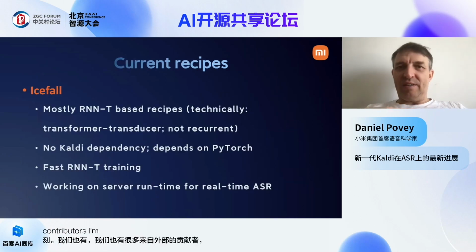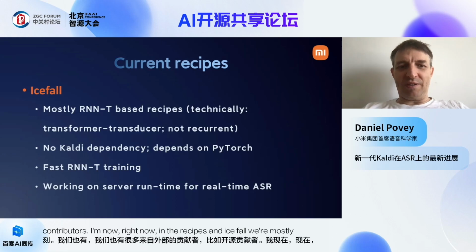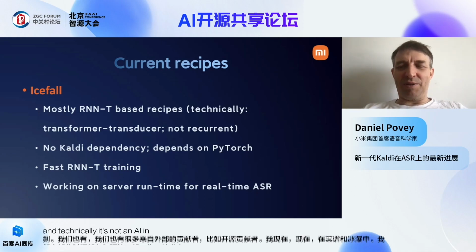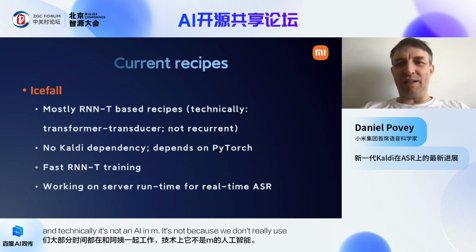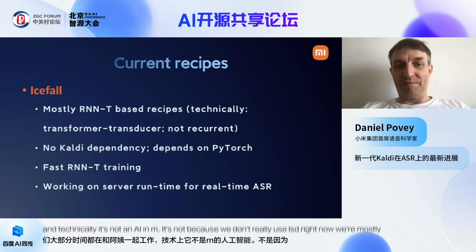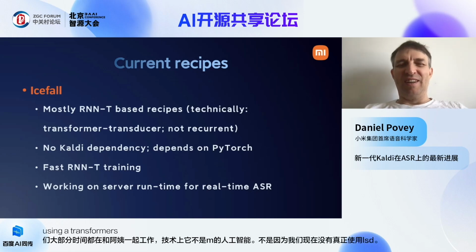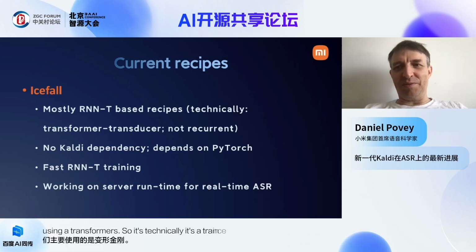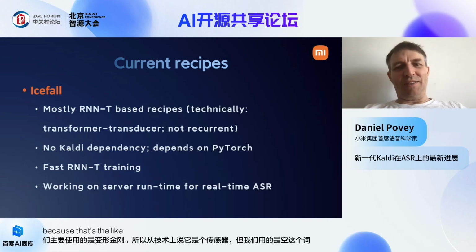Right now in the recipes in Icefall, we're mostly working with RNNT. Technically, it's not an RNN, because we don't really use LSTMs right now. We're mostly using transformers. So technically it's a transducer, but we use the word RNNT because that's what it's called.